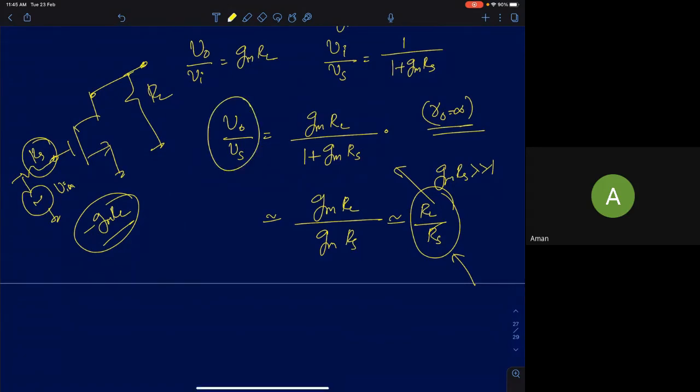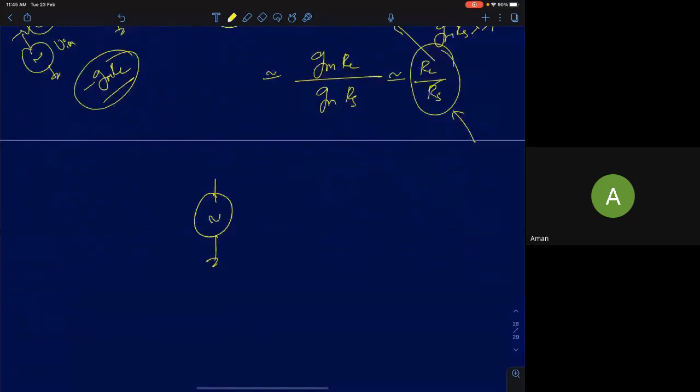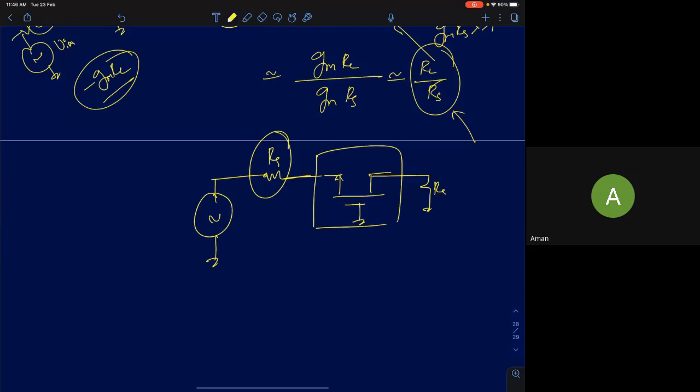So let's say we have a source with a very high Rout, or let me call it Rs. Then you can use a CGA, a common gate amplifier for amplification. Okay, I'm sorry. If Rs is very small, in that case you can use it.